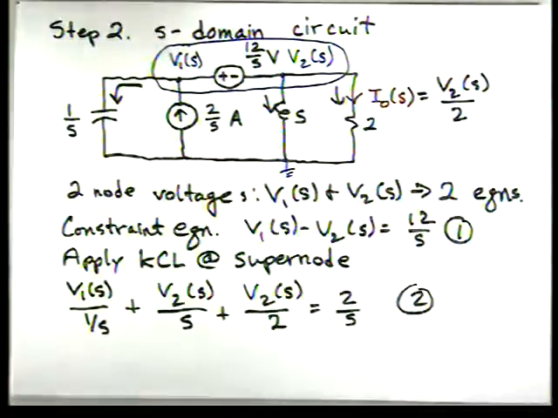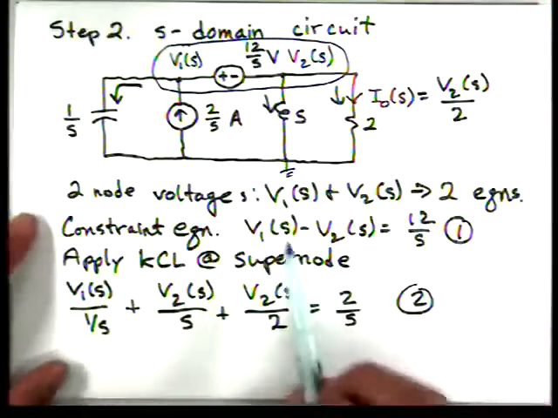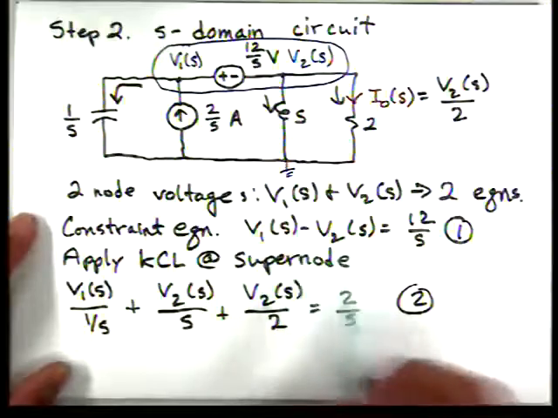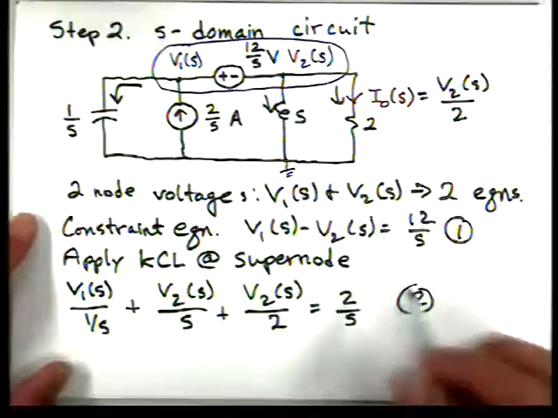So now our task is going to be to solve these 2 equations. Really we need to solve for V2. So let's take this equation and rewrite it so that we have V1 expressed in terms of V2.